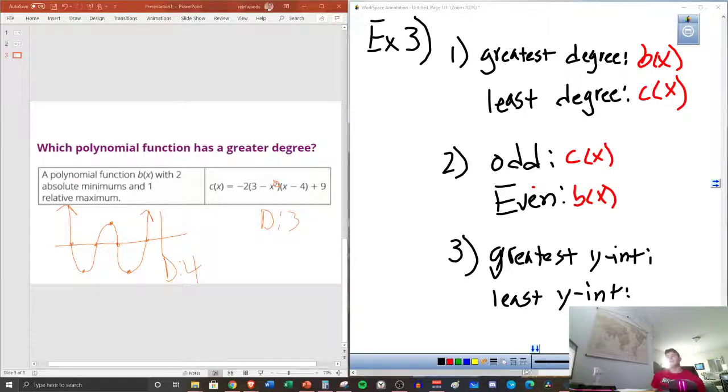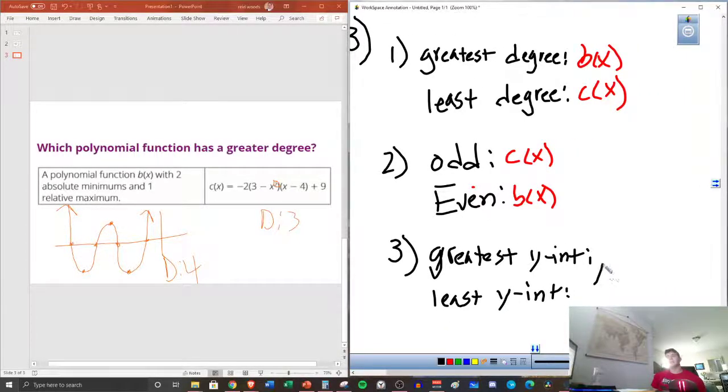All right, so hopefully you picked not enough info. Just like the last example, we don't know anything about B of X. We're not sure where it's crossing that y-axis, so we can't make a statement. Over here we could plug in 0.